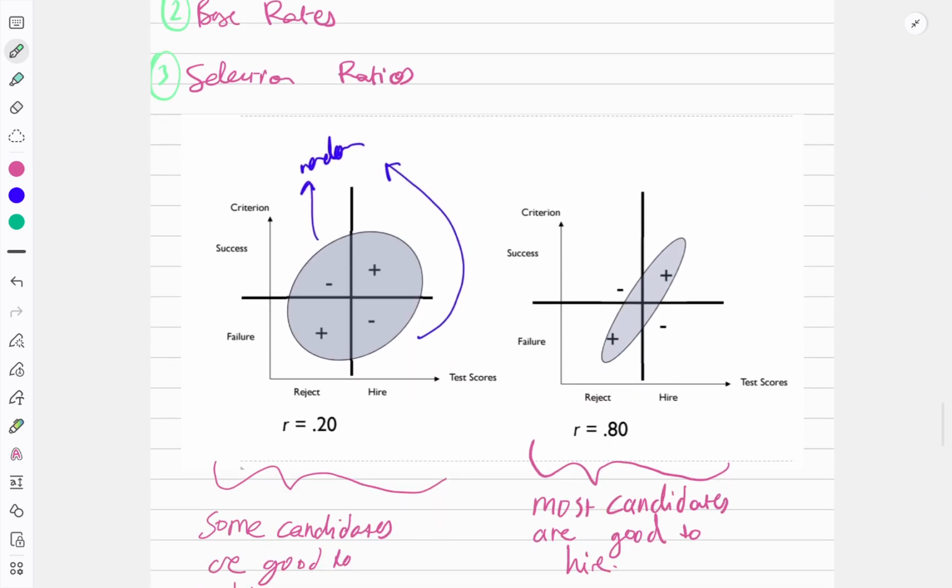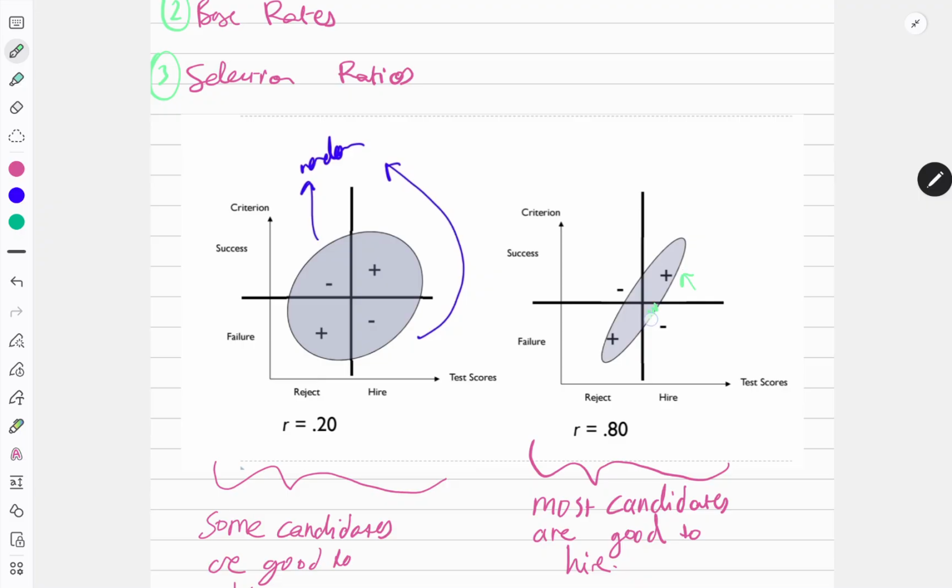Basically here you can see a low validity option and the high validity option. In the low validity option, we are only like 20% sure that we are making correct decision. But in the 80%, you can see that we have captured the people that we want for the most part. Only a small part of successful employees we cannot see, but we can see the majority of them.